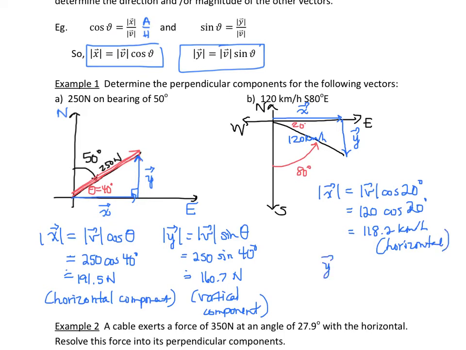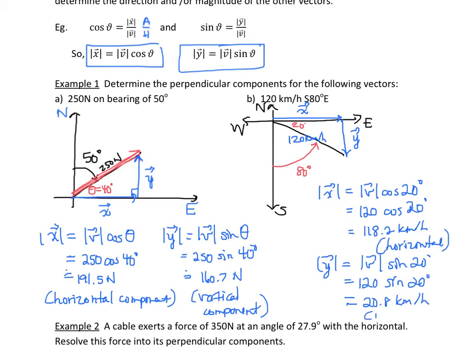And your vertical component is 120 times the sine of 20 degrees. So our vertical component is 20.8 kilometers per hour.